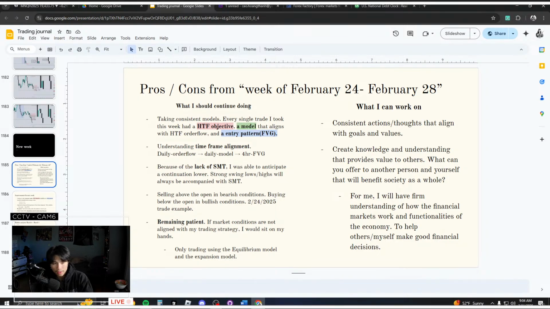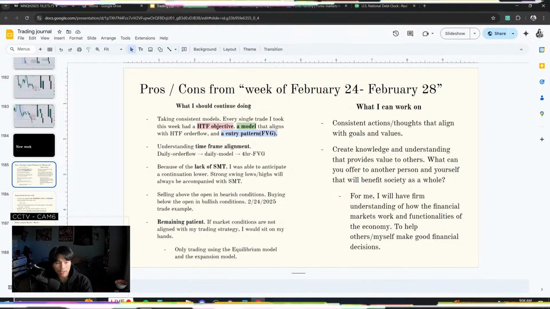Third, there was a trade here that I took during the week of February 24th till February 28th, where because of the lack of SMT, I anticipated a continuation lower, right? A strong high and a strong low will always be accompanied with SMT.